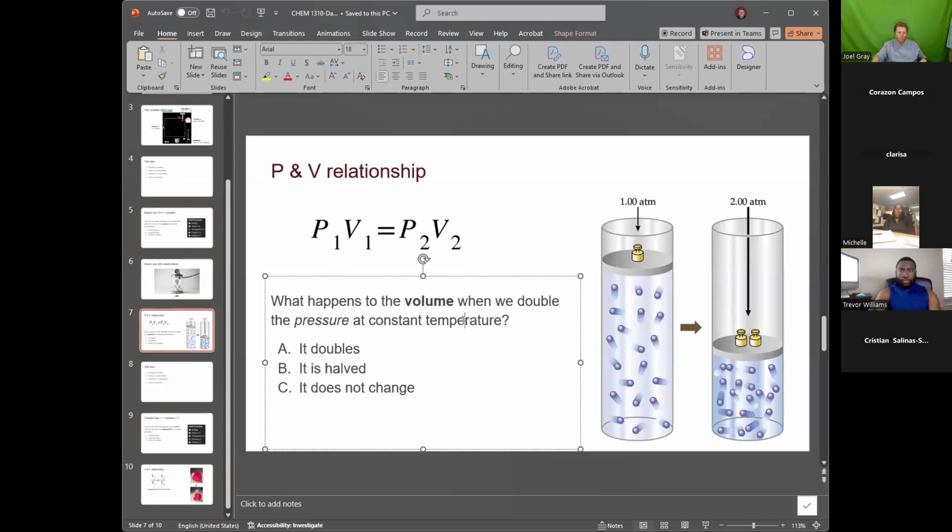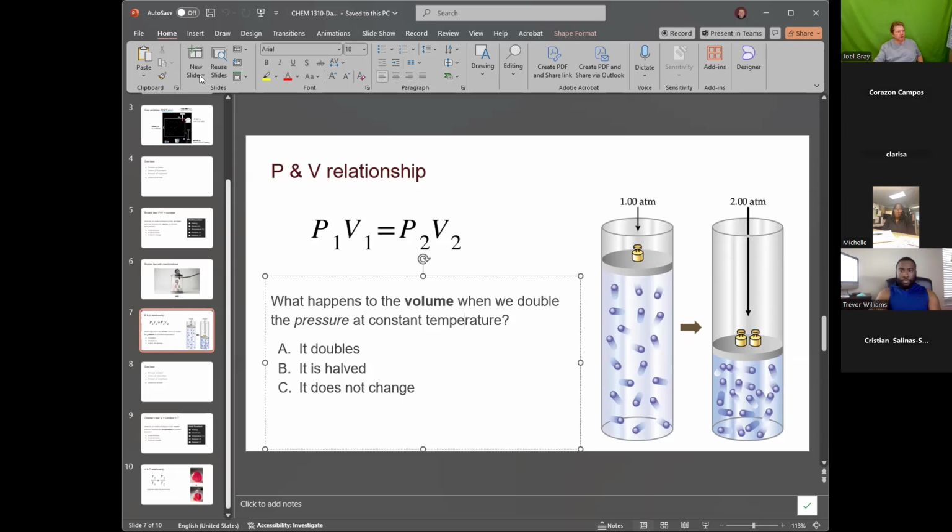Okay. Now, one thing that some of y'all might be good with, but this is something I always have to kind of work around in my head, is a mathematical relationship, direct and indirect.